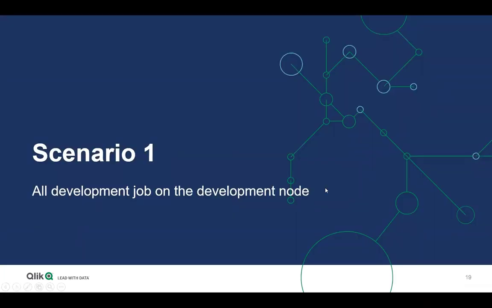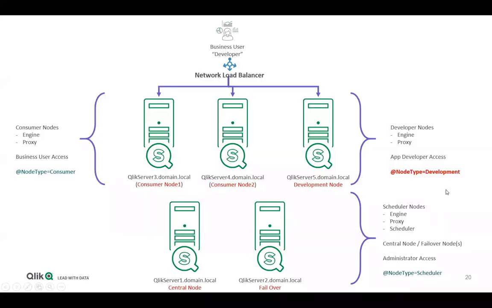Scenario 1 is that we want all the development jobs to be allocated on the development node only. In our system, how can we know which node is for which function? It's not just by the name. We really need to use a custom property to identify it.